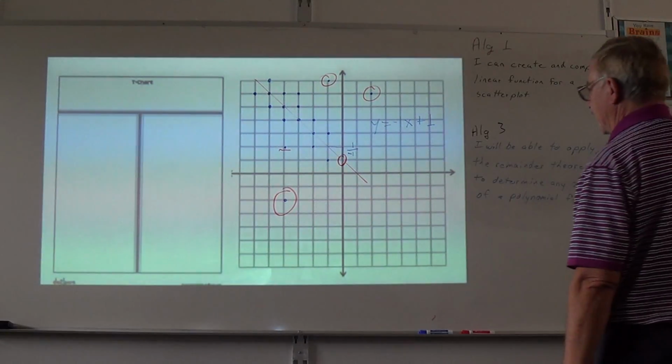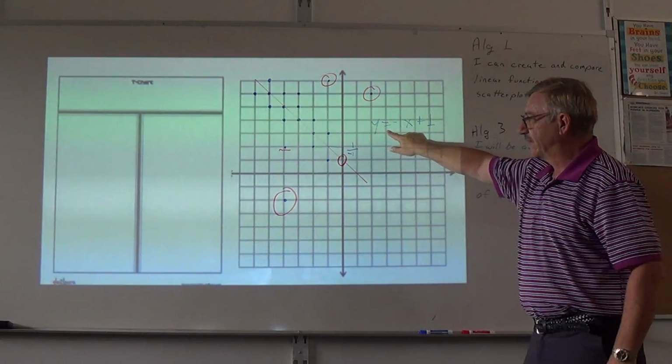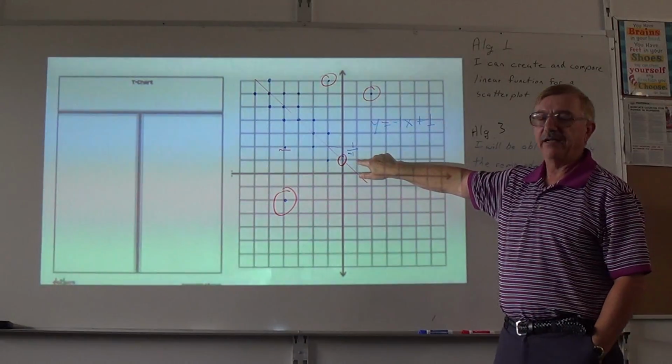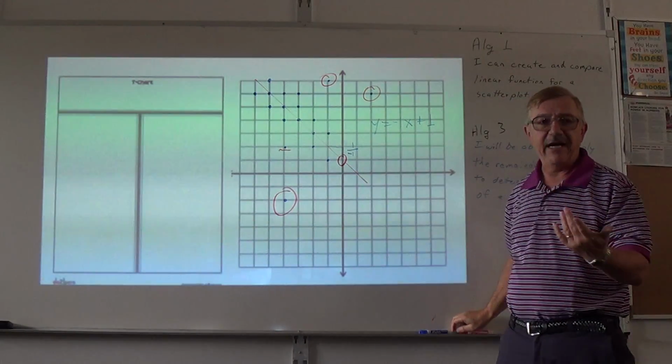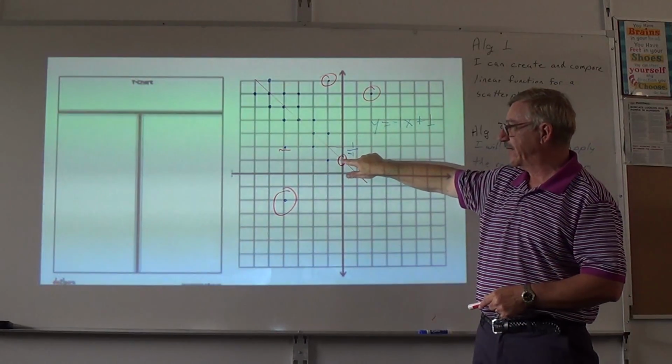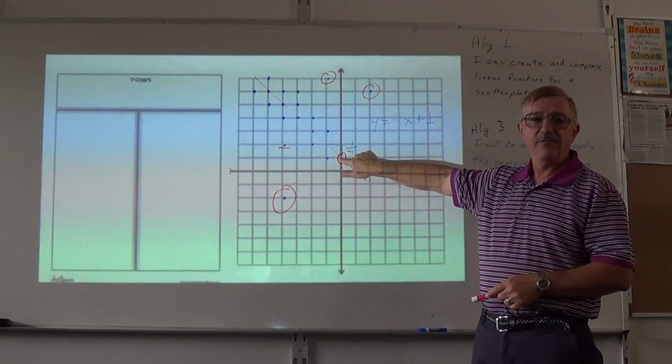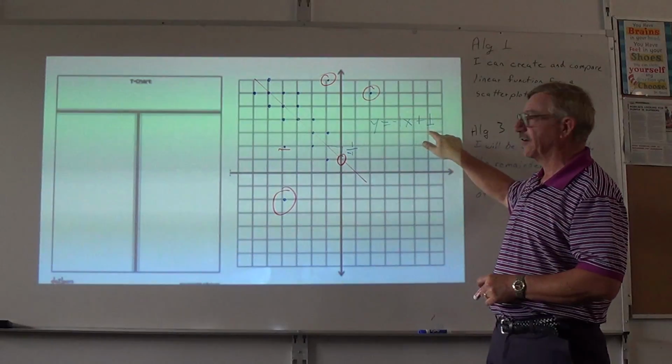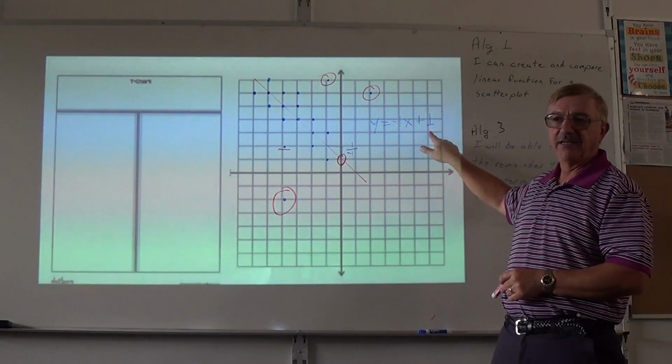Okay, good question. We make the equation by, I kind of do it backwards when I do it. I look at where's my y-intercept, and I start there. So I start at the b on my equation.